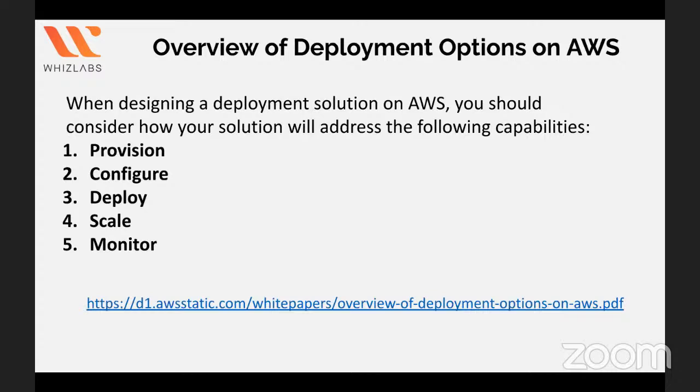Then configuration can be done using services like Lambda or your cron jobs, which do the automatic configuration for your service. Then you can deploy them maybe on EC2 or using Beanstalk, or there's a specific service for deploying, which is CodeDeploy.